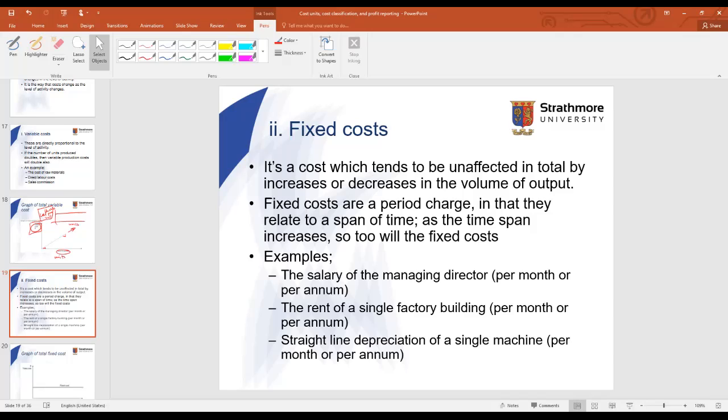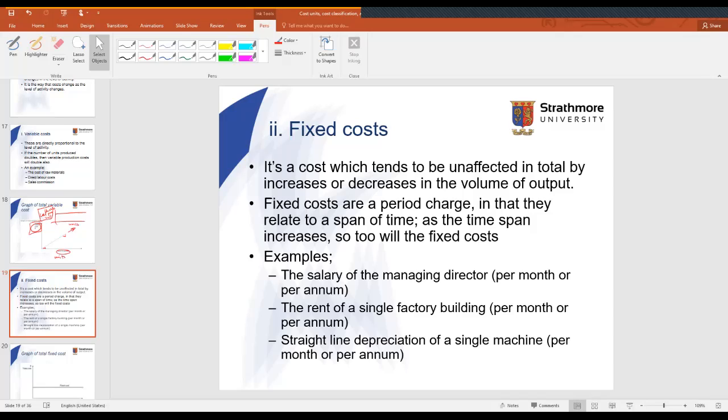The salary is the same, irrespective whether this month they produce nothing, next month produce 10,000. The amount you pay, for example, to your accountants is the same. It doesn't matter whether you produce more units or less units, it is a fixed salary.